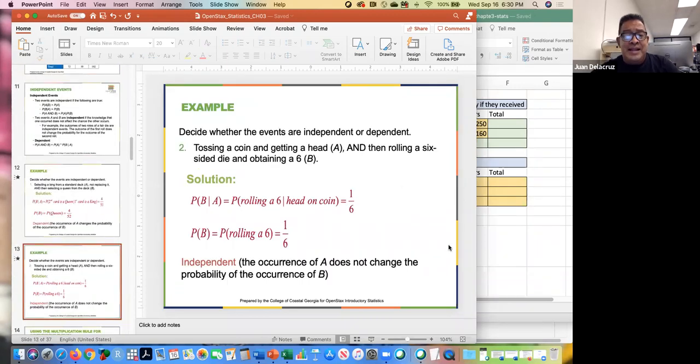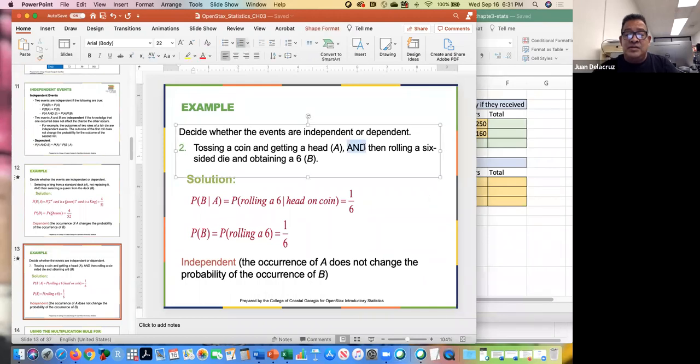This is an independent event, very clearly: tossing a coin and getting a head. So then rolling a six-sided die and obtaining a 6.